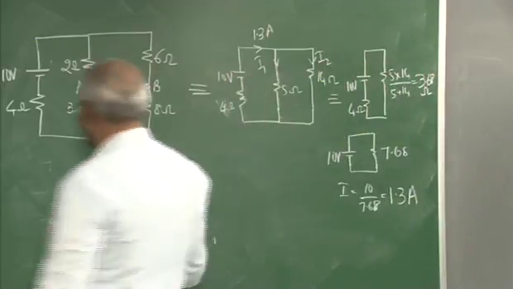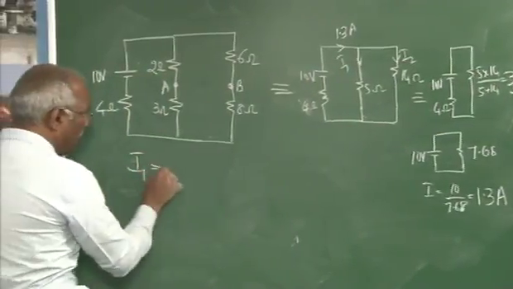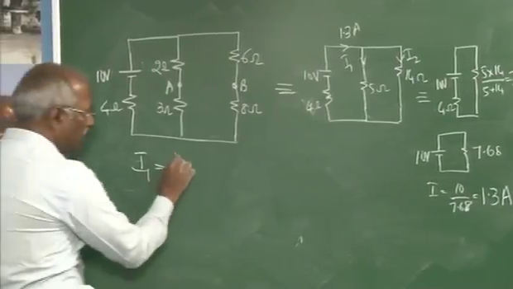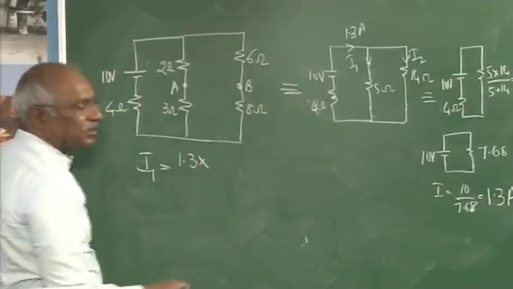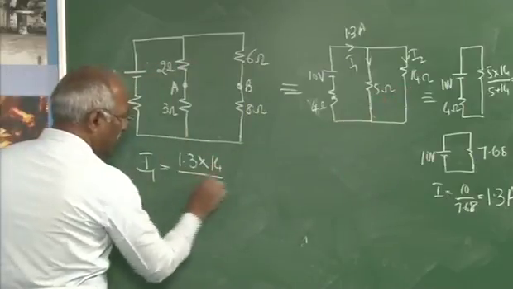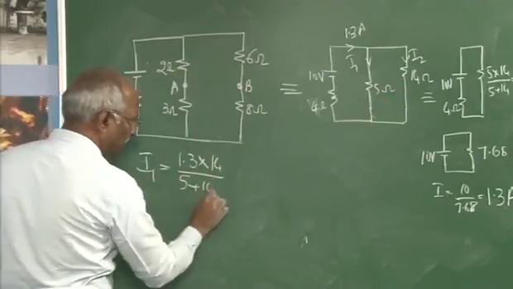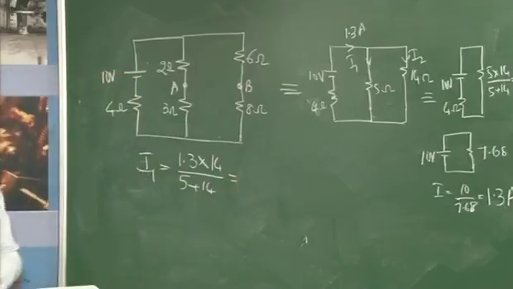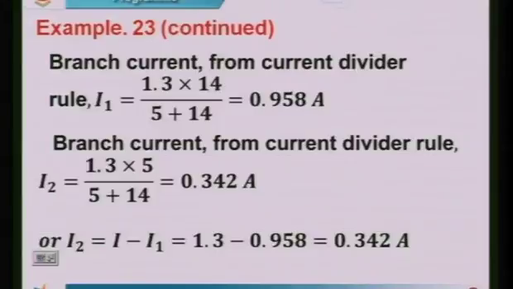I1 is obviously, by the current divider rule, 1.3 into the resistance of the opposite branch, that's 14, divided by the total resistance 5 plus 14. This works out to 0.958 amperes.